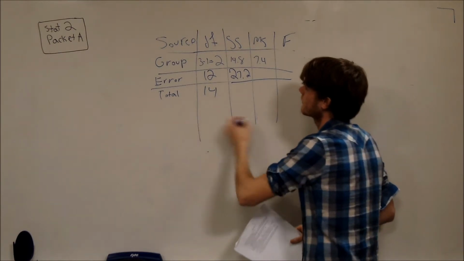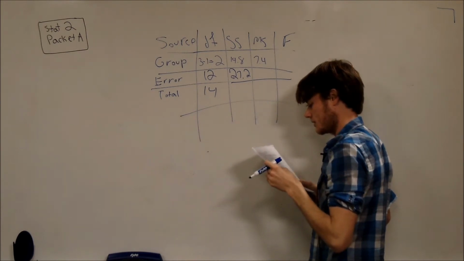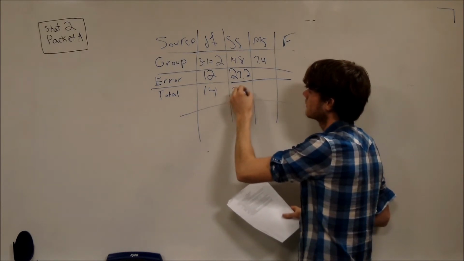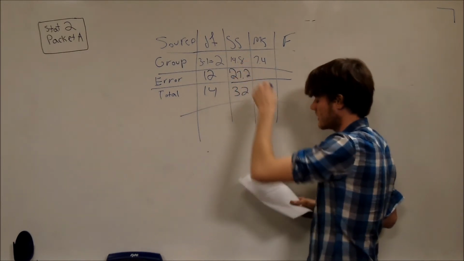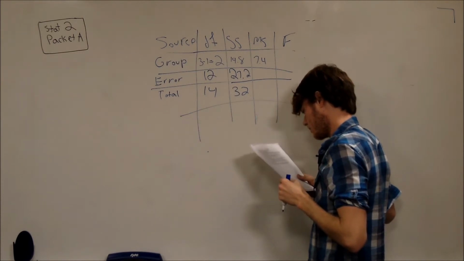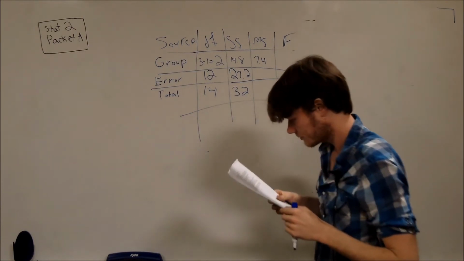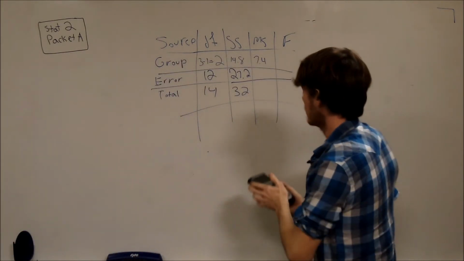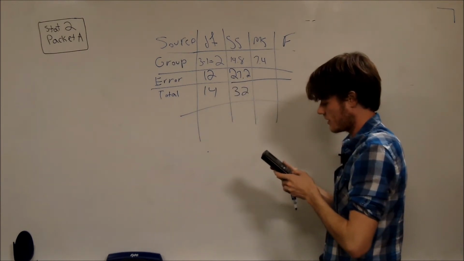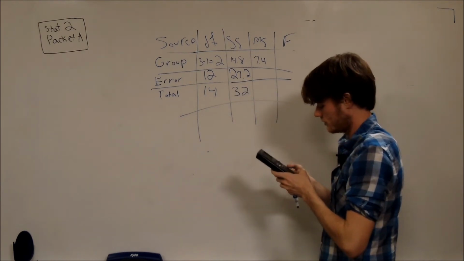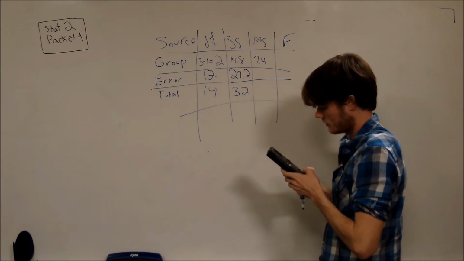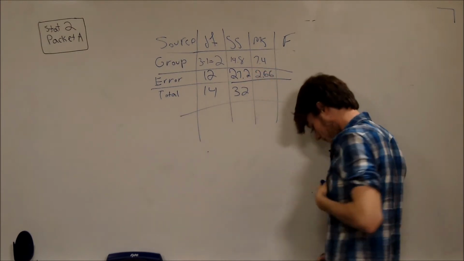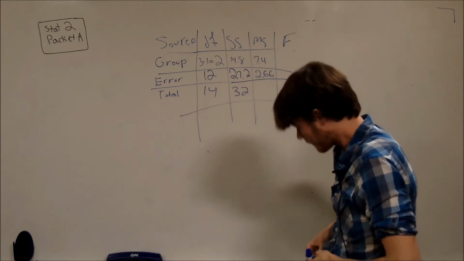Also, SS total equals 32, since these add up to the other one. To find MSE you take 27.2 divided by 12, which is 2.26.